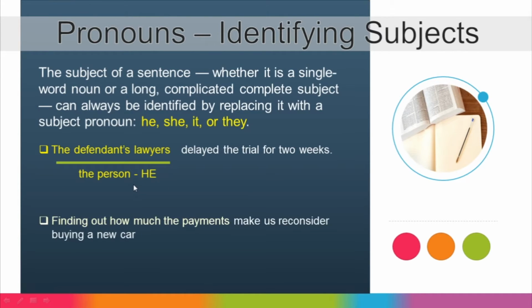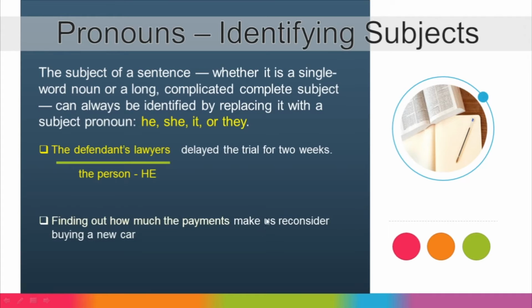For the second example, it may be a bit longer. Finding out how much the payments make us reconsider buying a new car. Now this sounds like a really long sentence, and it is. And it is a bit hard because unlike this one, lawyers, for example, if you know the meaning, you know that this is a person, but this is more abstract. This is an abstract subject.